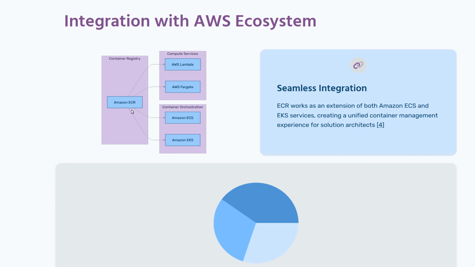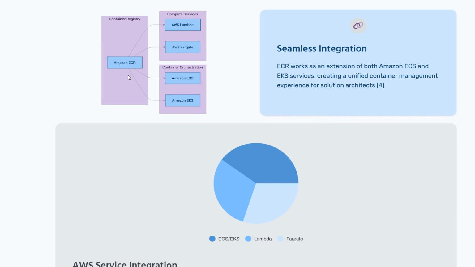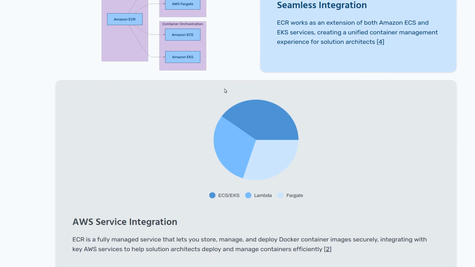You have the container registry integrating with compute services like AWS Lambda, which is serverless, and Fargate, also serverless. And then container orchestration, managing container services, which we call orchestration. We discussed that: that's ECS and EKS.